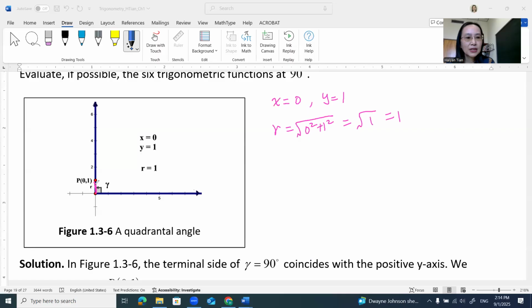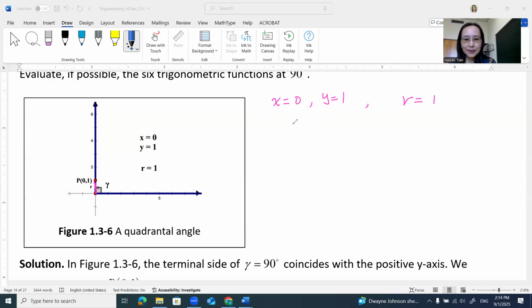It's easy to see r is the same as the y coordinate. If you see that it is a quadrantal angle, you don't have to use the formula. You can quickly get r as the absolute value of the y coordinate, because r is always non-negative.